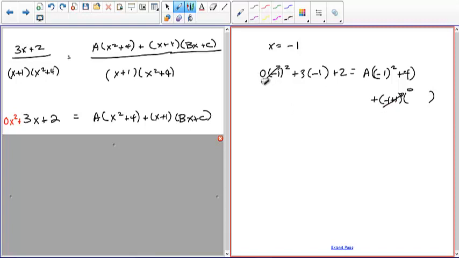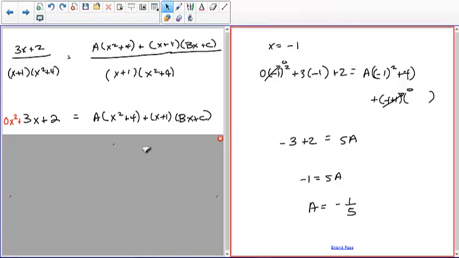So that's going to go to 0. So you're going to end up with negative 3 plus 2 is equal to 5a. Negative 1 squared is positive 1. Positive 1 plus 4 is positive 5. And then we have negative 3 plus 2 is negative 1. So you get a is equal to negative 1/5. Okay. We'll come back and see that that's correct, but we don't need to do it in this case.